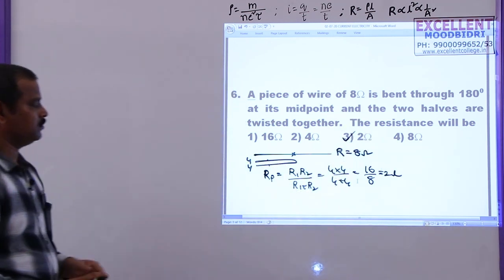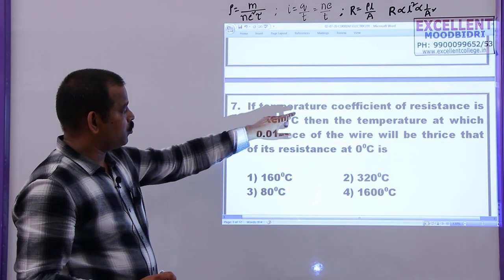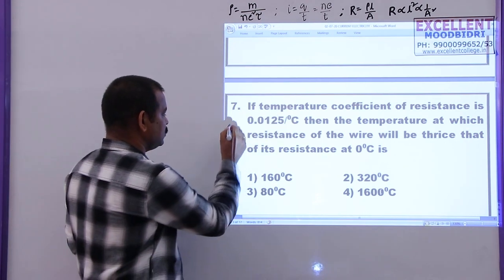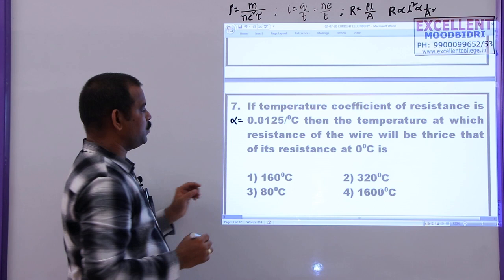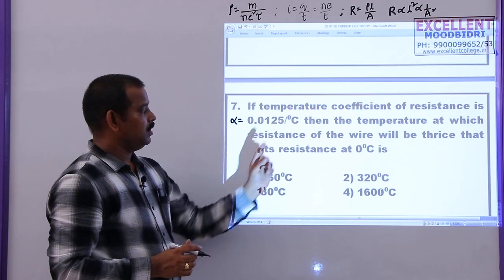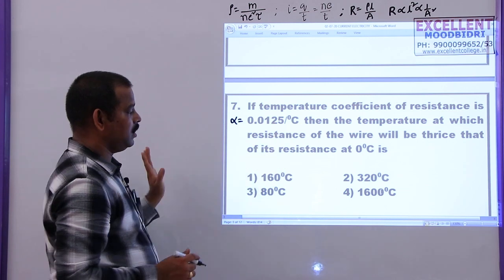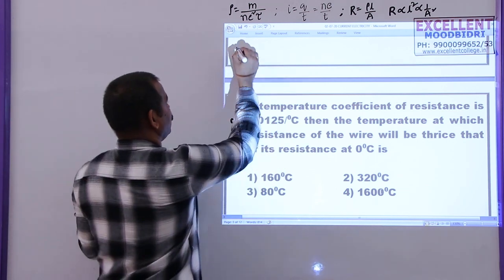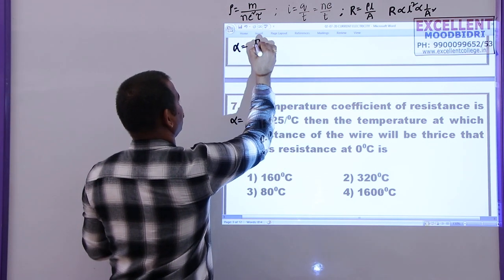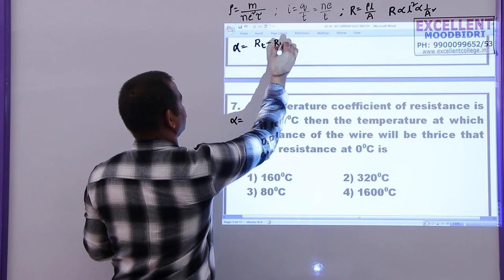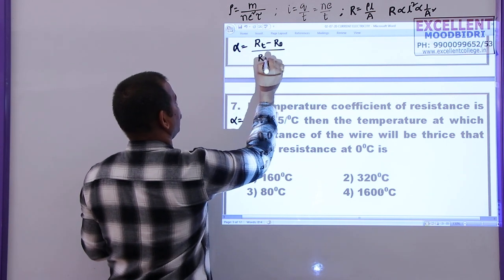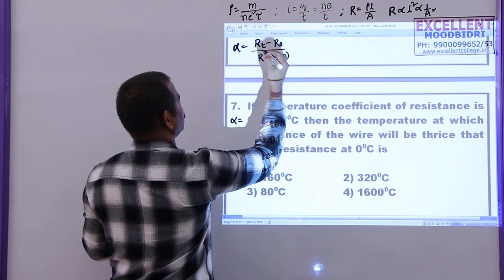So this will be 2 ohms. Option 3 is correct. If the temperature coefficient of resistance, this is alpha, is given by 0.0125 per degree Celsius, then the temperature at which the resistance of the wire will be thrice its resistance at 0 degrees. We know this formula: alpha is equal to resistance at high temperature minus resistance at 0 degrees by R0 into T minus 0.